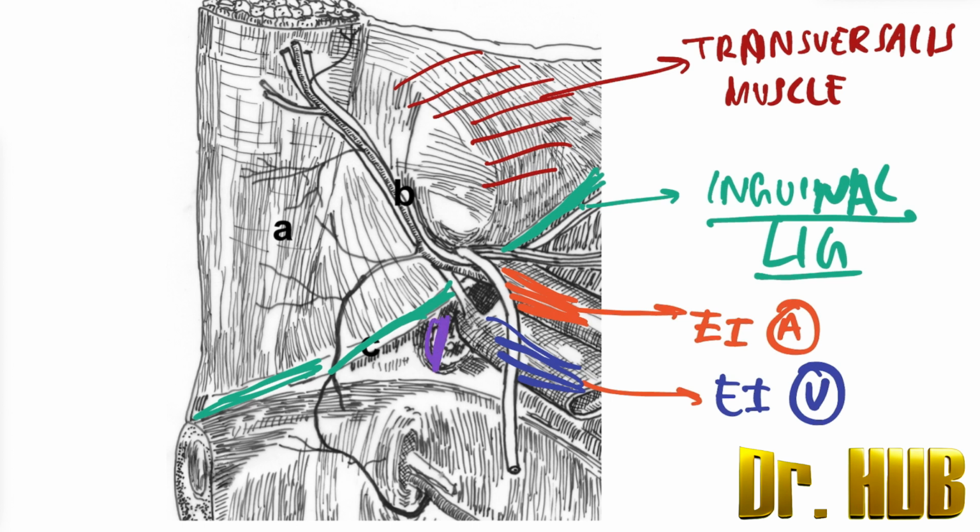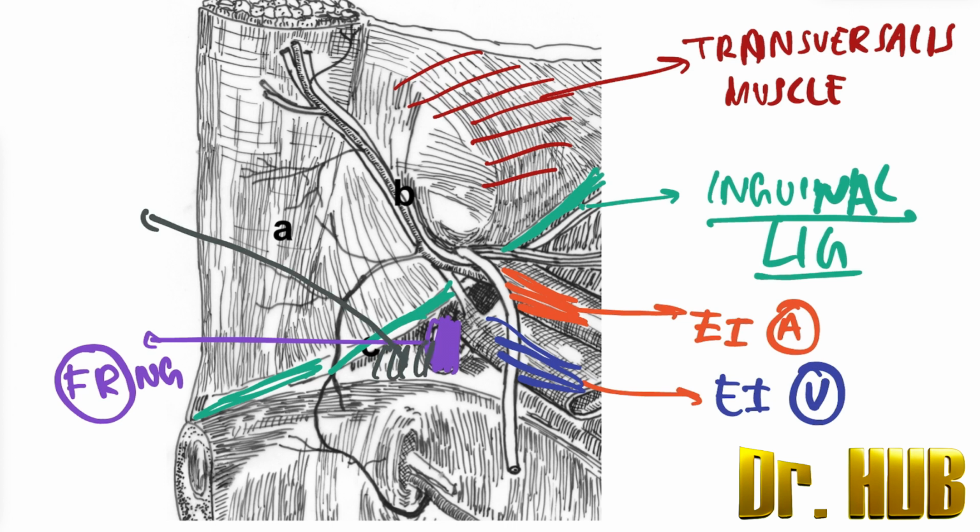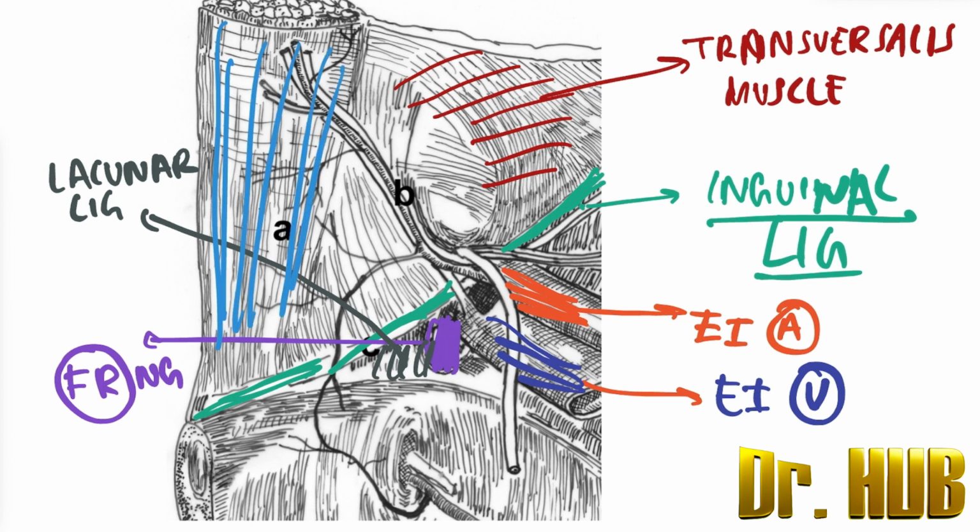Next, this structure right here is the femoral ring. So let's write it as F ring, and on the bottom side there is a ligament. This ligament is known as the lacunar ligament. There is a prominent muscle which is present here, that is the rectus abdominis.